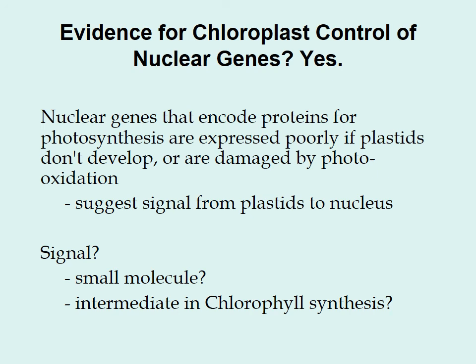This suggests that a signal from the plastid to the nucleus is taking place, because as I told you earlier, the gene for the small subunit of rubisco is present in the nucleus, while the gene for the large subunit of rubisco is present in the chloroplast. So a message comes from the chloroplast to the nucleus for the expression of the relevant genes.